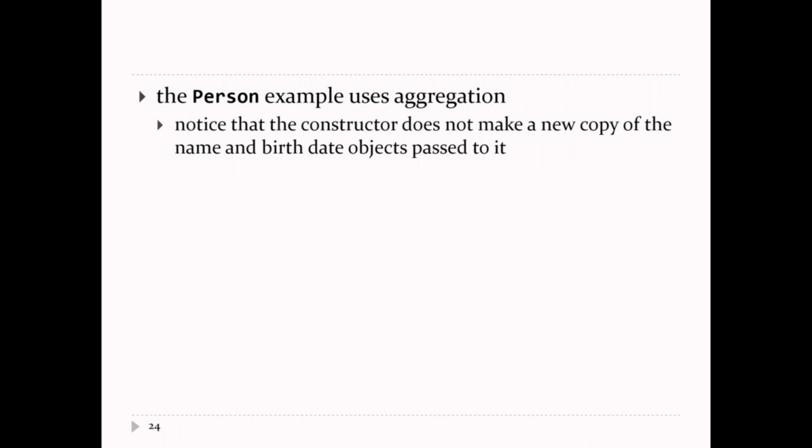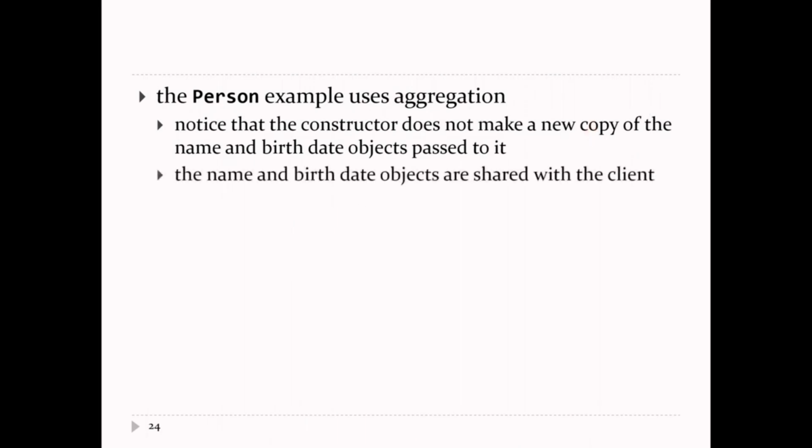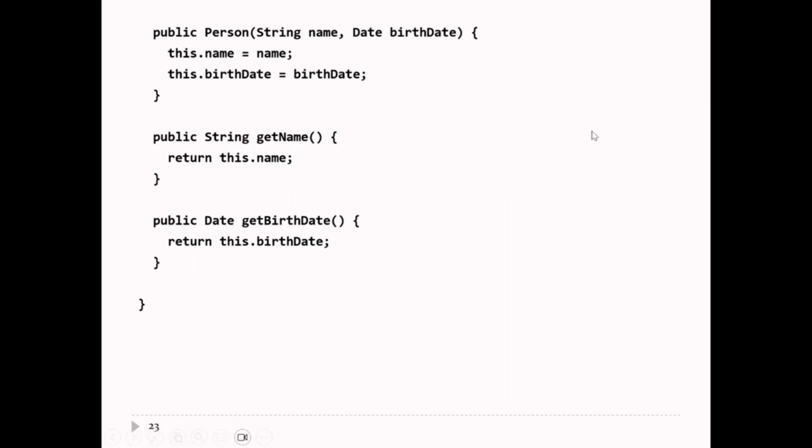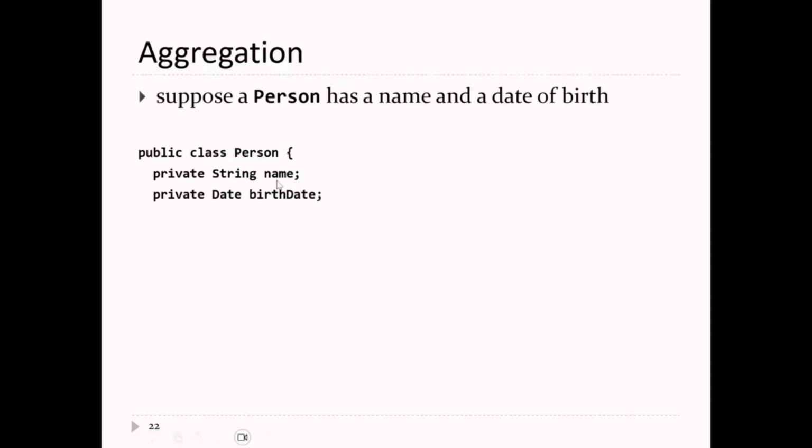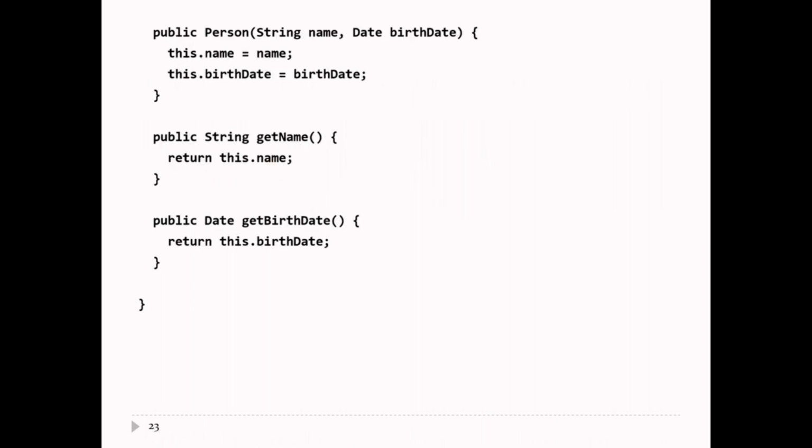Notice that the constructor doesn't make a new copy of the name and birth date objects that it was passed. That means it doesn't own them. Whatever string this is pointing to, and whatever birth date this is pointing to, the person object doesn't actually own that object.